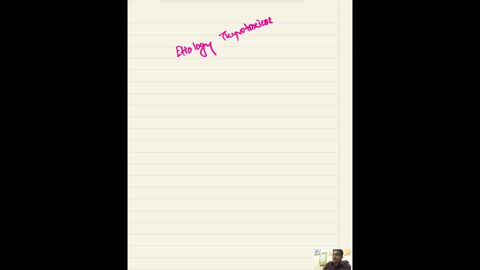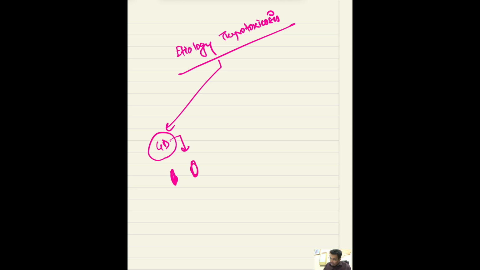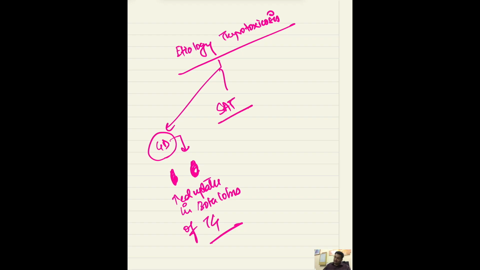So what is going to happen? What is going to happen in Graves' disease? In Graves' disease, you are going to have a very, very increased uptake in both the lobes of thyroid gland. In subacute thyroiditis, there is going to be a patchy uptake.